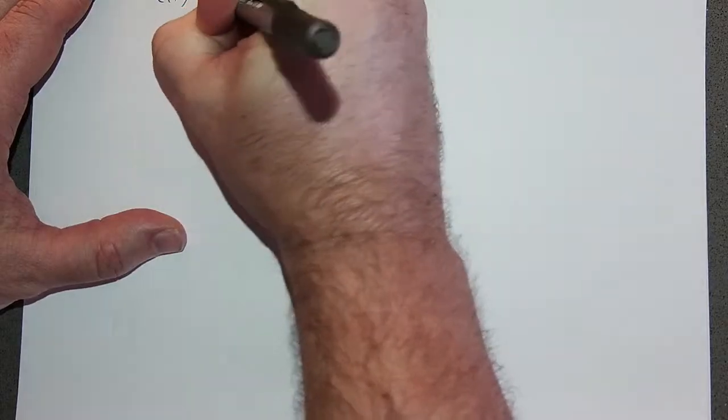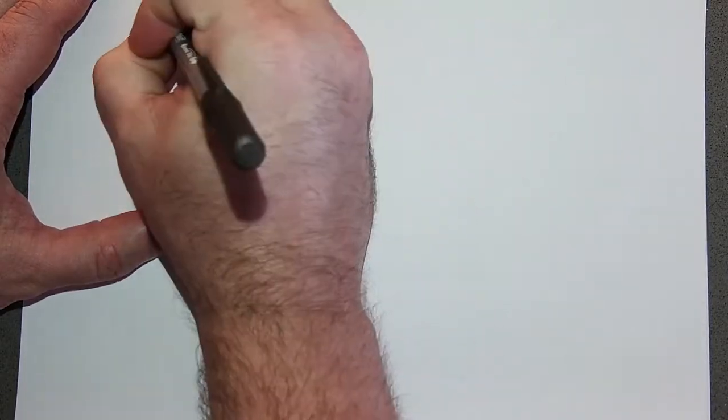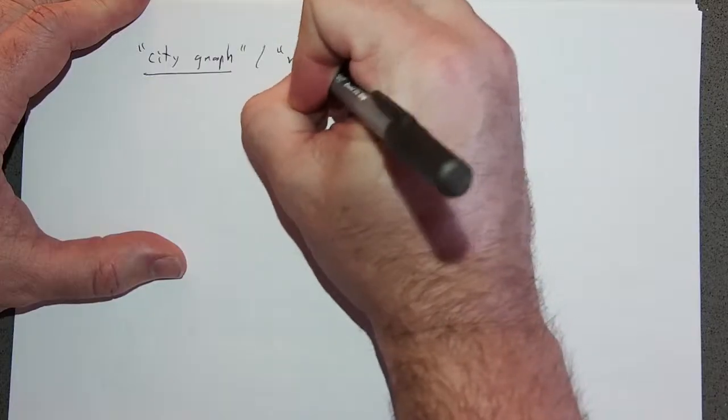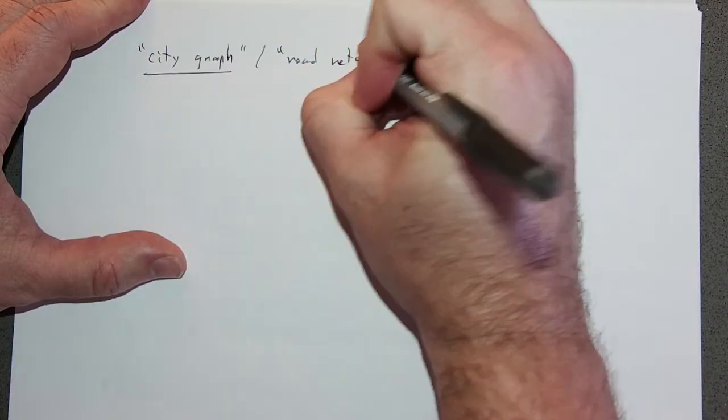So anyway, there are also some very mundane applications of these things. I'm going to give you one example that we could call a city graph, or a road network graph.